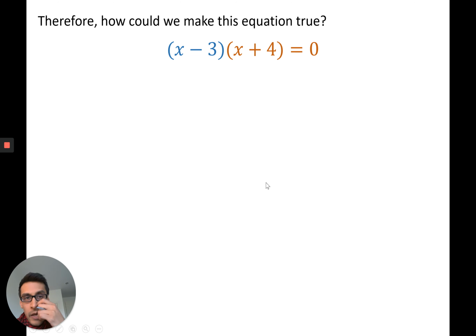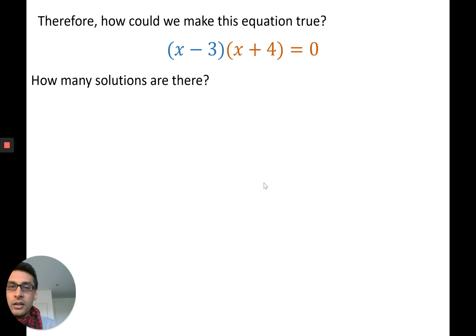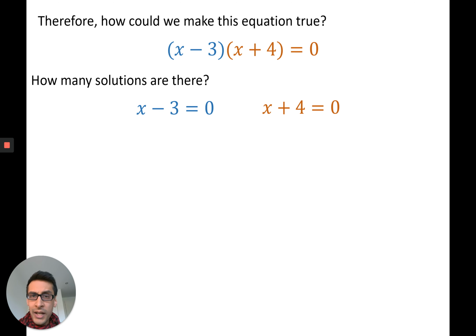So how could we make this equation true? Using what we've just done on the previous slide, we can see that there's 2 solutions here. Either x minus 3 equals 0, or x plus 4 is equal to 0. And now I need to solve these to find what x is. And now I'm actually writing a proper method out here.